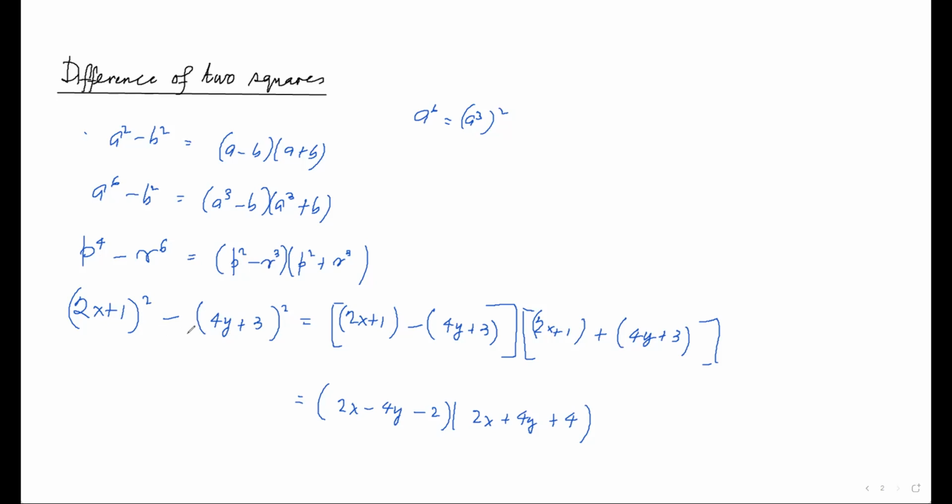You can get something even more complicated, like this one here. You've got a square here, you've got a square here, you've got a minus sign. It's a difference of two squares. So this will be equal to this quantity minus that quantity into the same quantity plus that quantity. And if you write it down like this, you have to be careful of your brackets now because you've got a minus sign in front of this thing.